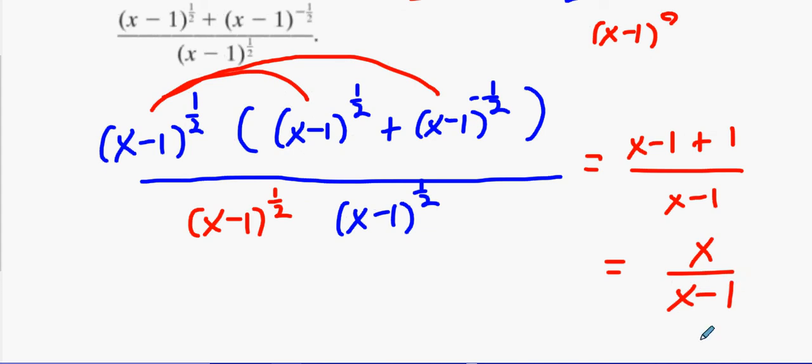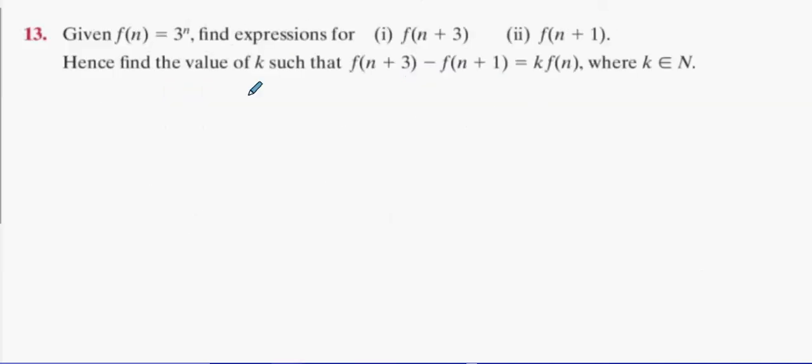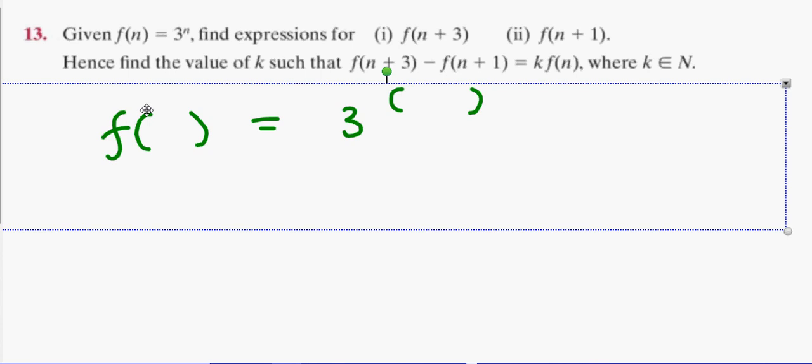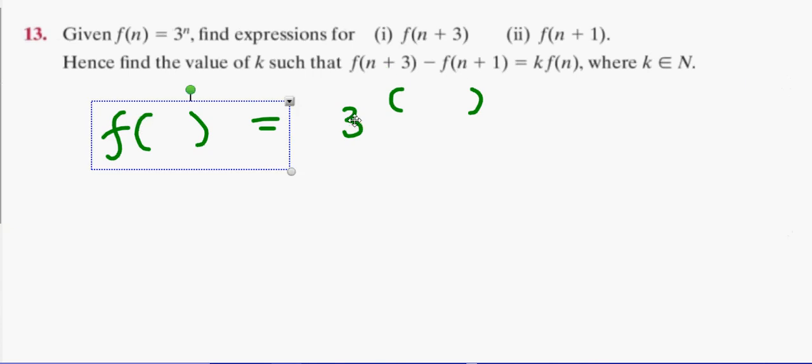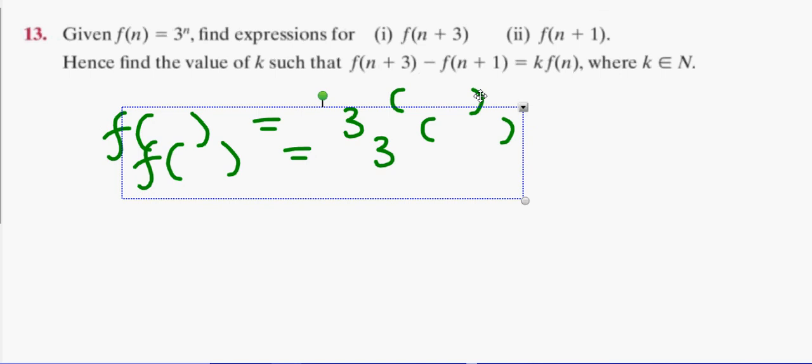Now, f of n or f blank. Excuse me, lads. F blank is 3 to the power blank. Okay? Now here's what we're going to do.